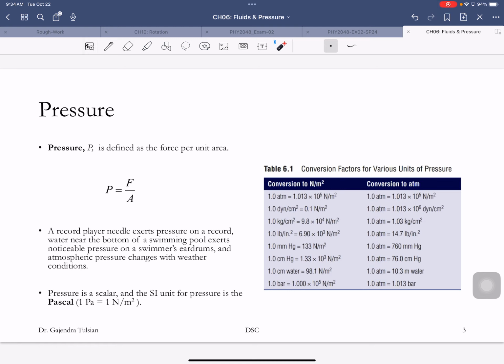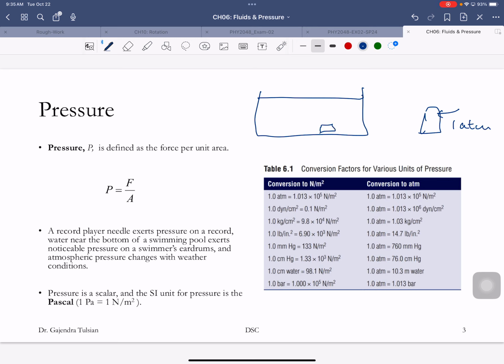Here are some examples. A record player needle exerts pressure on a record. Water near the bottom of a swimming pool exerts noticeable pressure on a swimmer's eardrums. When you're walking around, the pressure on your eardrums is 1 atmosphere. If you're 10 meters underwater, the pressure is 2 atmospheres.